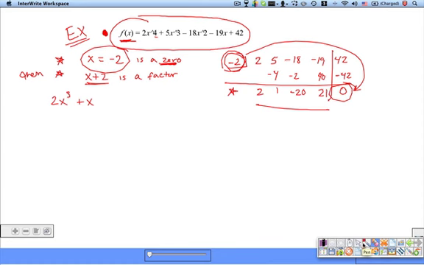Let's see. 2x cubed plus x squared minus 20x plus 21. That's what this is right there. Okay? Now, so basically x plus 2 times this gives you the original.